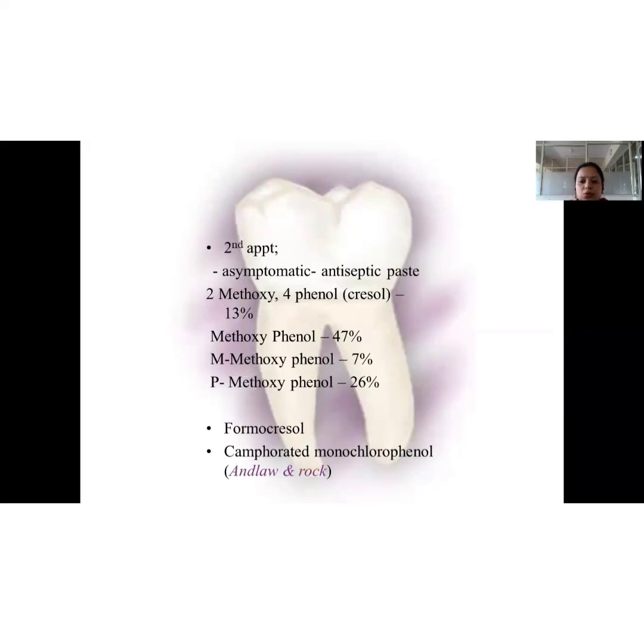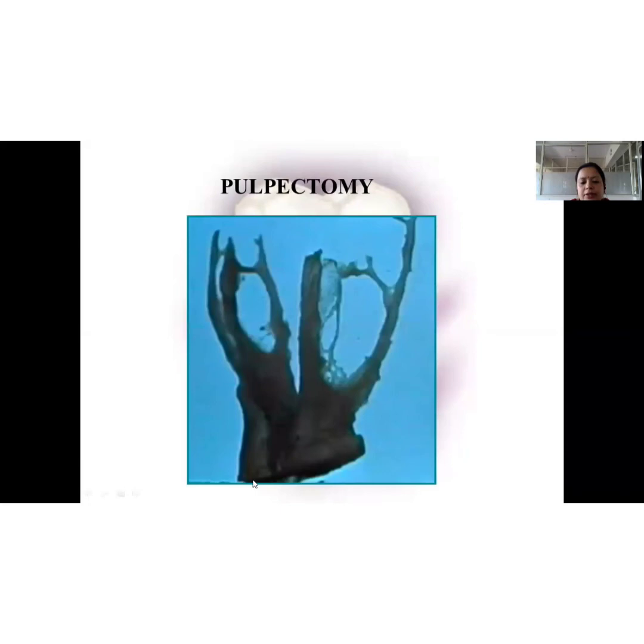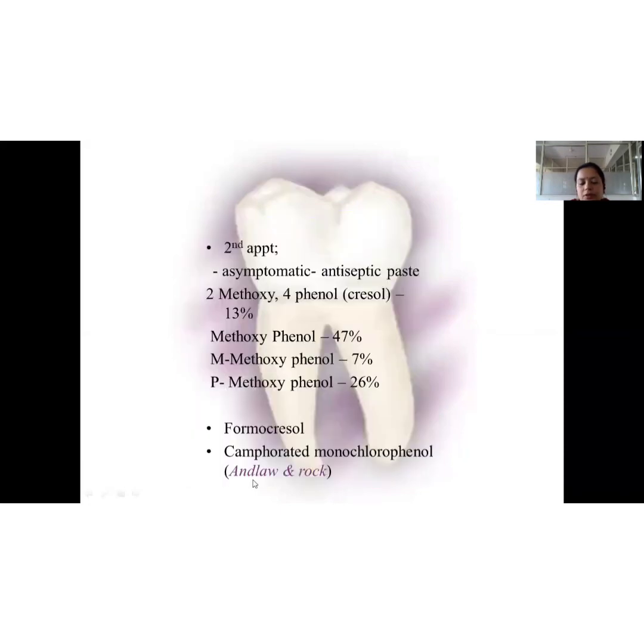In the second appointment, if the tooth is asymptomatic, an antiseptic paste containing cresol is placed over the tooth, after which formocresol and/or camphorated monochlorophenol can be placed. The tooth is restored, with final restoration done with a stainless steel crown and home visit restoration.